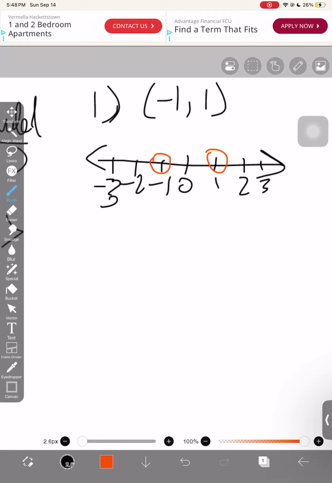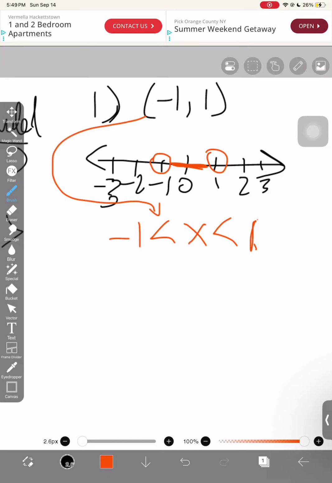And then we draw an arrow between these two. In set builder notation, it would be -1 and 1, and my x is in the middle. And since it's using parentheses, we have to use less than. That's how we know that we have to use less than signs, because there are parentheses.